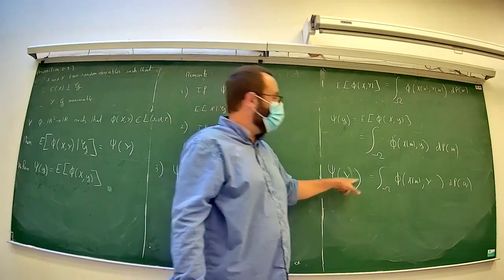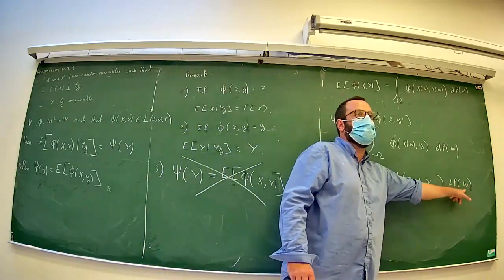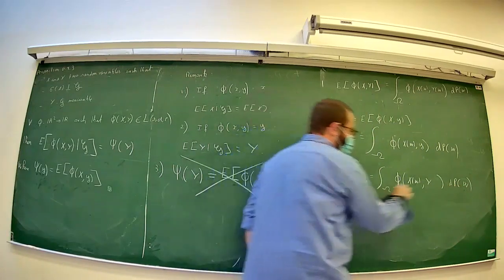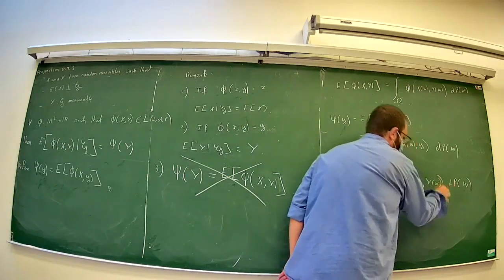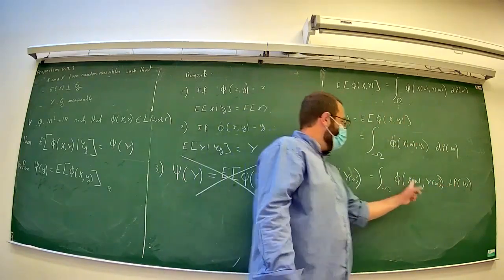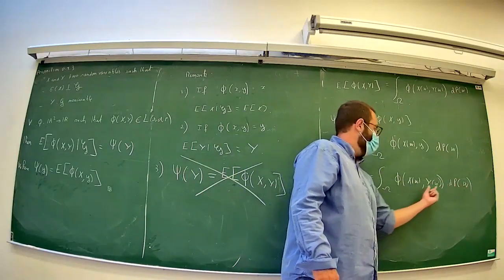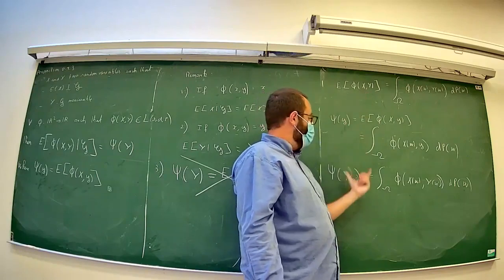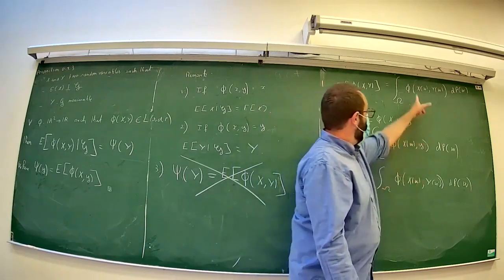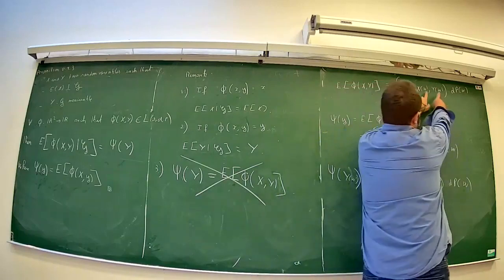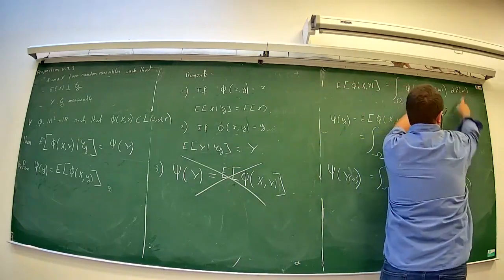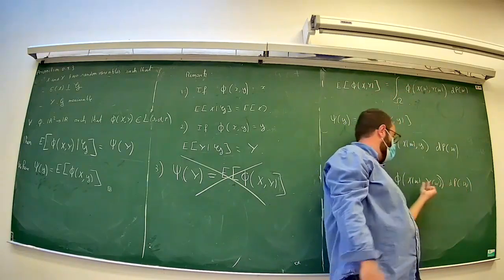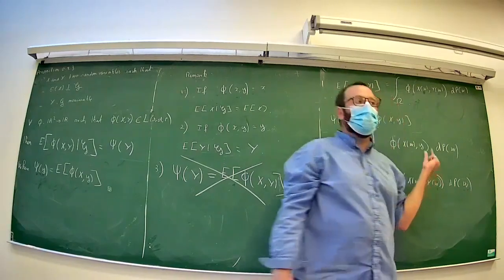I won't call it w because w is used for the integration, but I can call it w prime, and I have Y of w prime. So here you have one variable of integration and another related to this random variable. Here I have a number, here a random variable. In one expression you have the same variable and you integrate with respect to it. Here you have two different variables and you integrate only with respect to the one related to x.